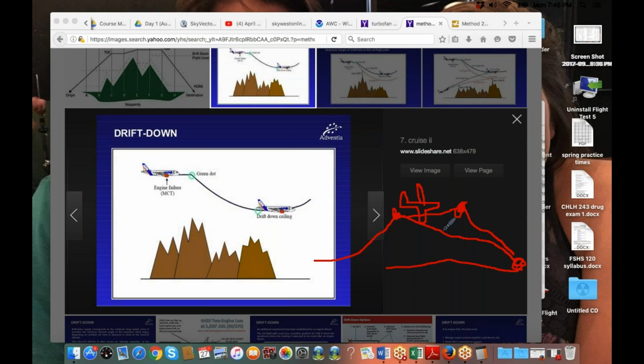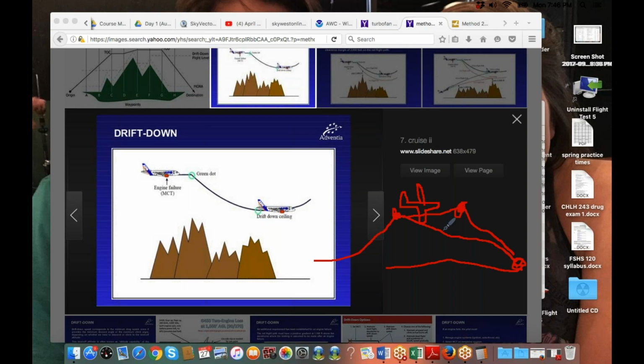And actually, we're not going to do ETOPS. We don't really talk too much about ETOPS in this class, but when you talk about ETOPS, one of the big things for fuel planning is if you have an engine failure way out over sea, sometimes you have to decrease altitude because you've only got one engine pressurizing the plane, so you have to drift down or actually descend and then fly from there to the nearest airport.